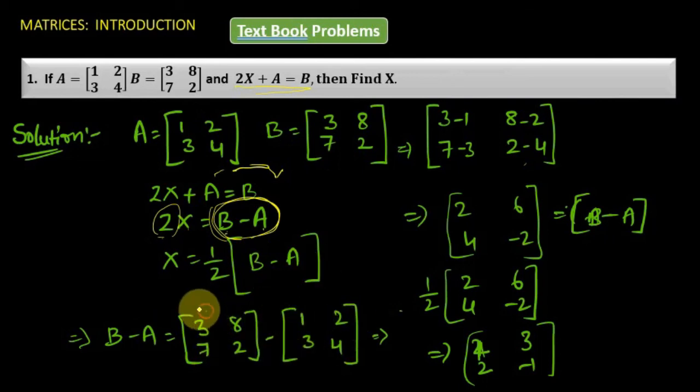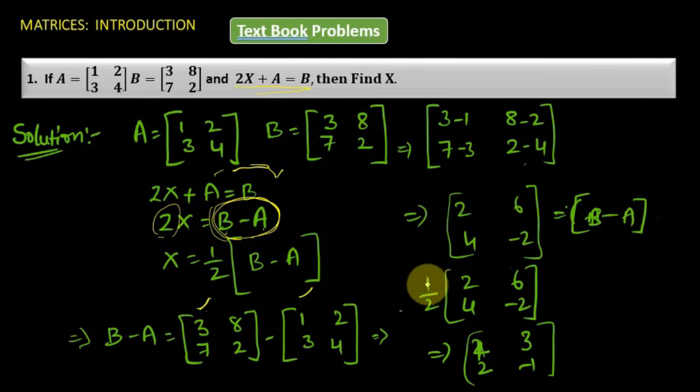Subtraction means corresponding elements: first with first, 3 minus 1, and 8 minus 2, 7 minus 3 and 2 minus 4. So what do I get here? 2, 6, 4 and minus 2. Okay, so this is the value of B minus A.